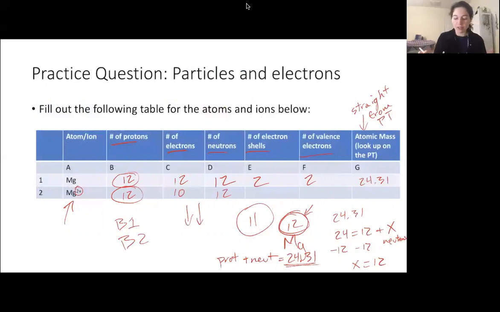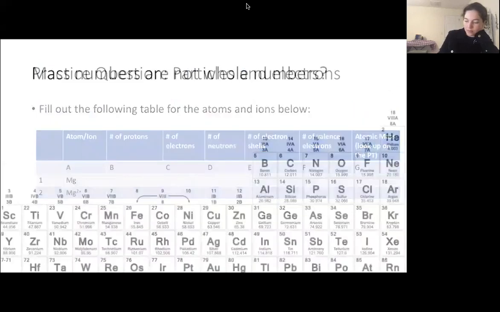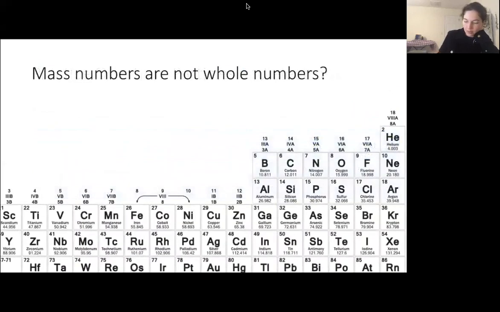Number of electron shells. Okay, so this has changed. So has our valence electrons. So remember, magnesium was here. It's in row 2. It had 2 on the outside. It lost those. Those went away. And so we're going to be left, I believe, let's see if I can find, this periodic table isn't in the right location.